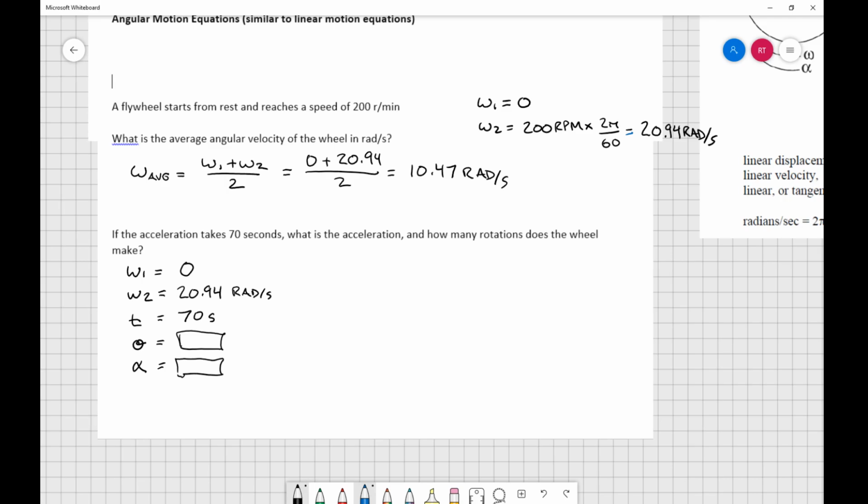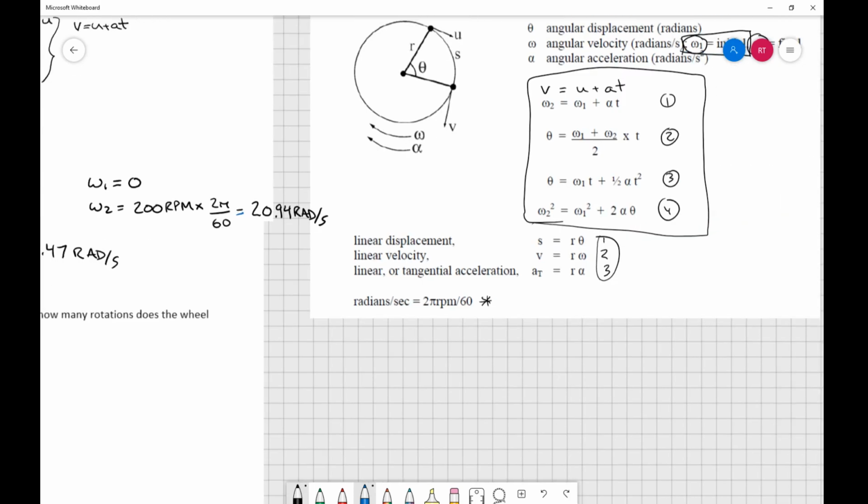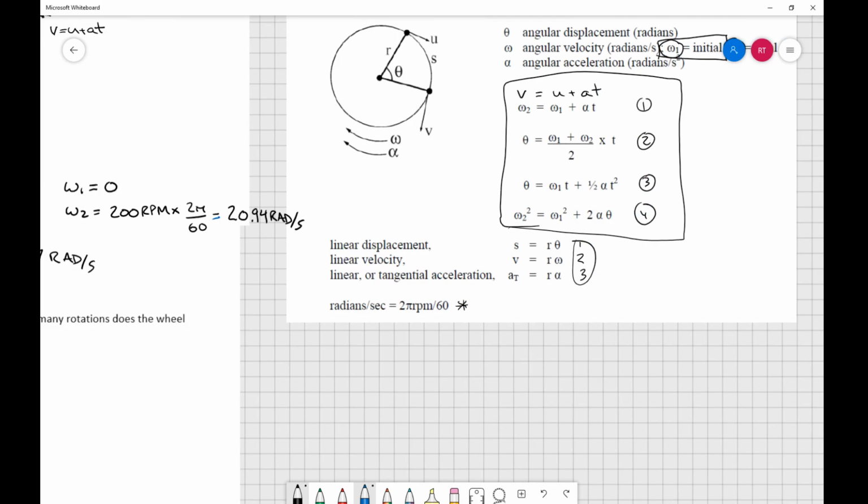So I'm going to go to my angular motion equations and find some equations that are going to work. So I know omega 1, I know omega 2, I know t. So in order to find my theta, I think I'm going to use that equation, which has omega 1, omega 2, and t.